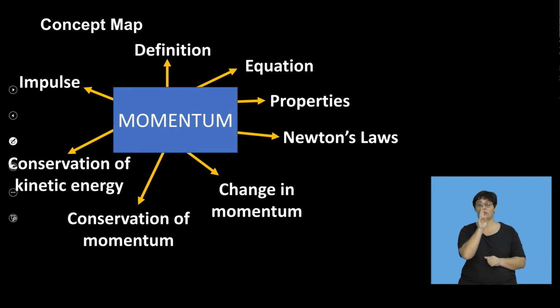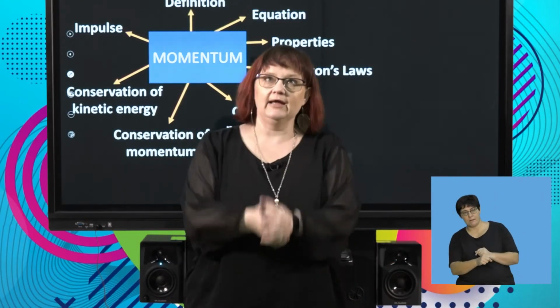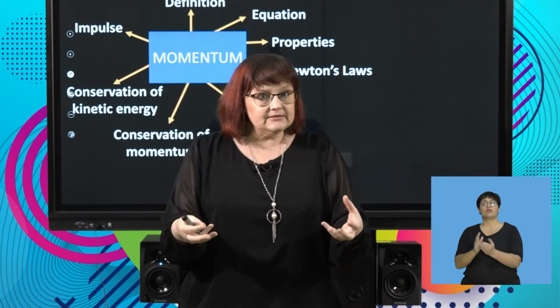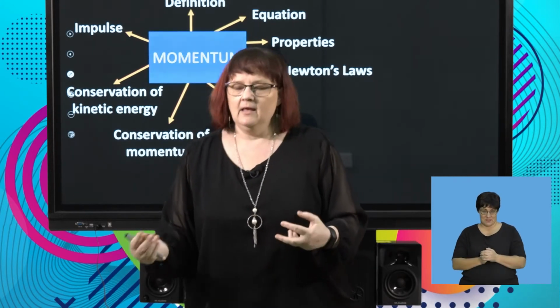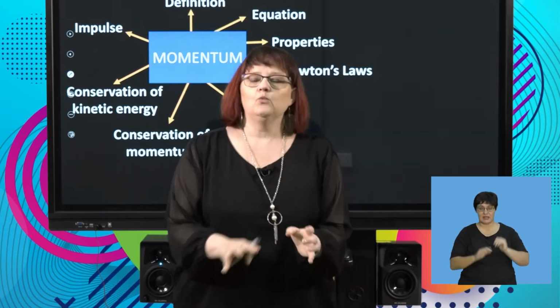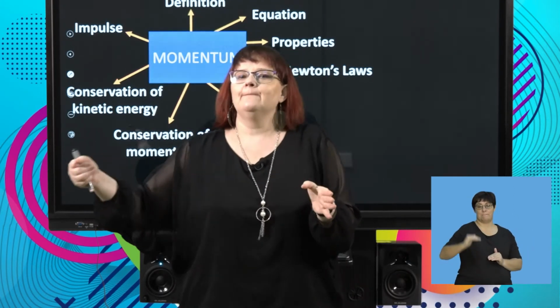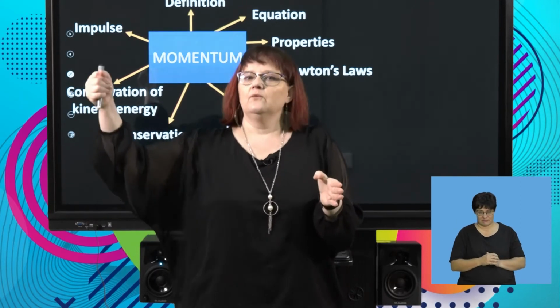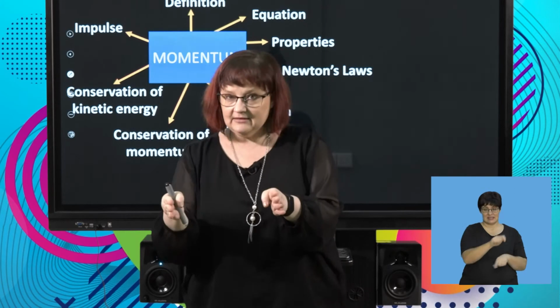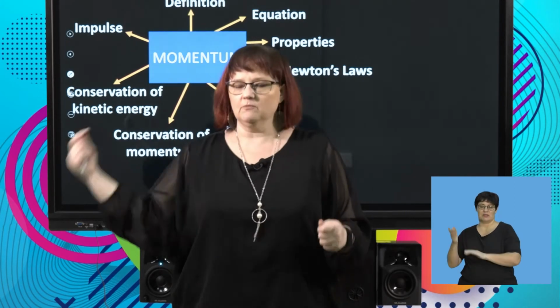Now, we've looked at it. We've realized that F net delta T can be affected by time. And when we want to make the net force smaller, we have to make delta T bigger. We are going to look at that again in detail. But F net delta T equals change in momentum.